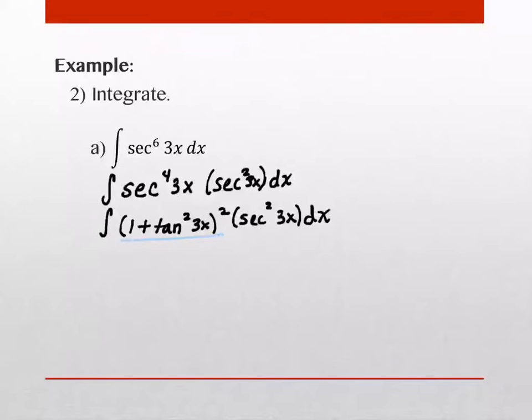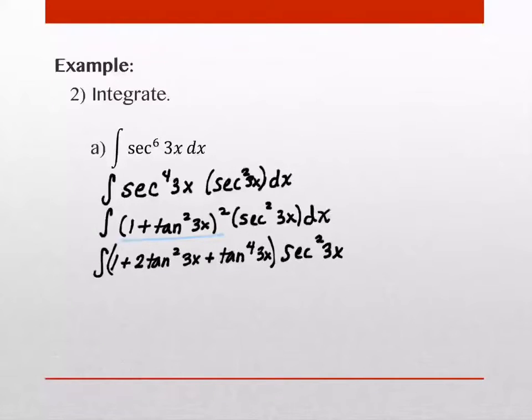I'm trying to avoid having to write the steps to FOIL, so I'm just going to do it straight away. I square the first term. I multiply 1 times tangent squared, which would be tangent squared, and double it. So this is 2 tangent squared of 3x plus, and then I square the last term, which would be tangent to the fourth of 3x. And all of this is times secant squared of 3x dx.